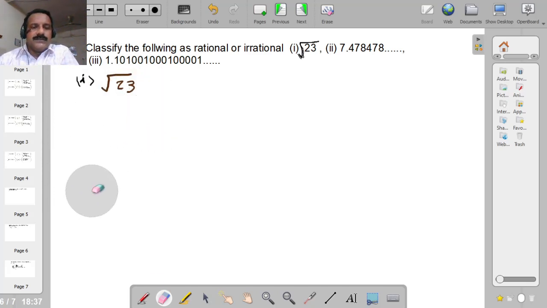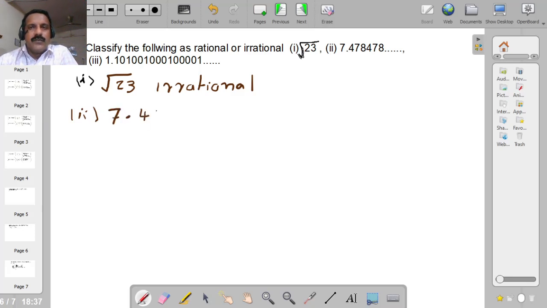The second question is 7.478478... See, this is a non-terminating decimal expansion.